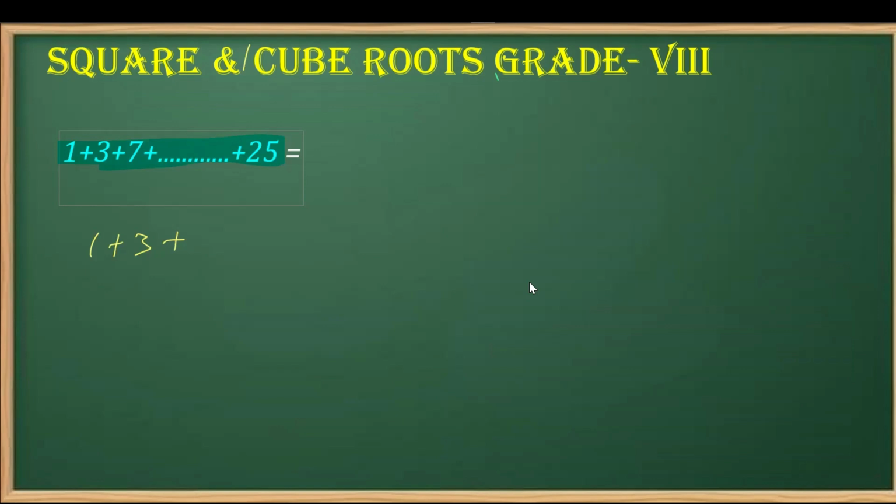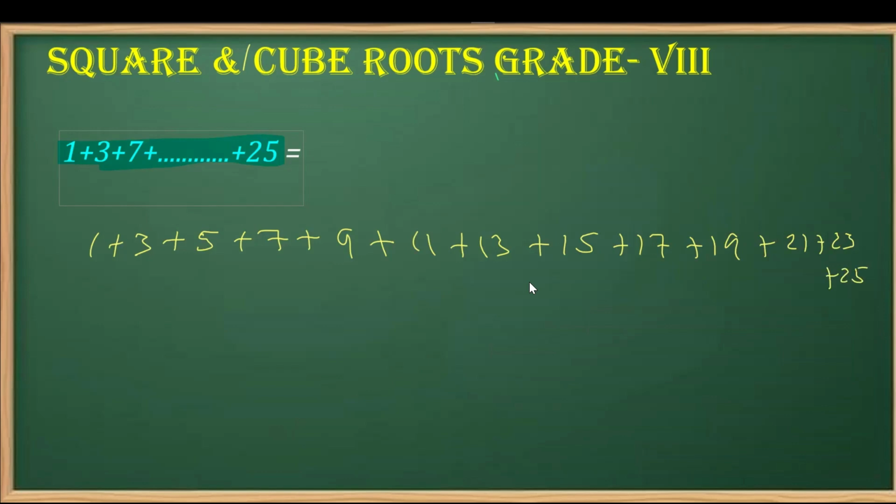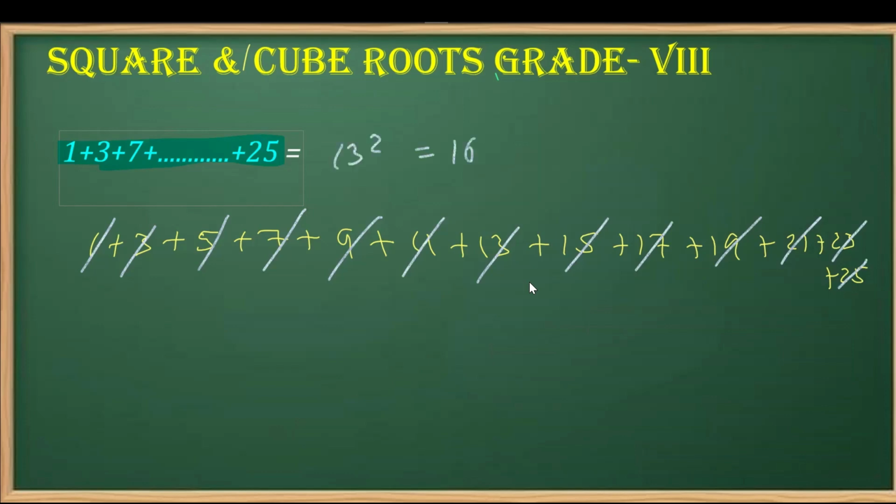Let me first write down all the odd numbers till 25. So this is 11. Next number is 13. After that, it is 15 plus 17 plus 19 plus 21 plus 23 plus 25. So you just need to count these numbers: 1, 2, 3, 4, 5, 6, 7, 8, 9, 10, 11, 12, 13. So it should be equal to 13 square, that is 169.